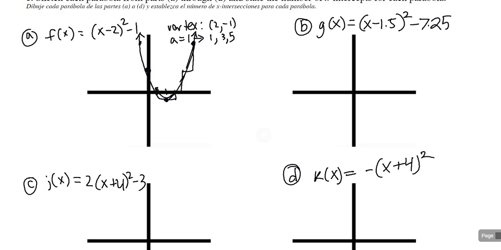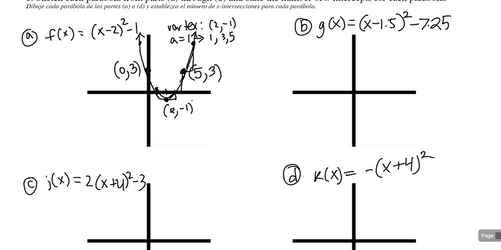And I label my vertex and at least 2 other points. 2, -1. I'll label this point. Let's see, from 2 I've gone over 2, so that's 5. And from -1 I've gone up 4, so that's 3. And this is its mirror point, so it's 0, 3.